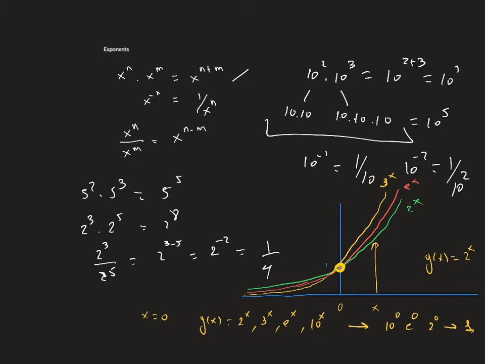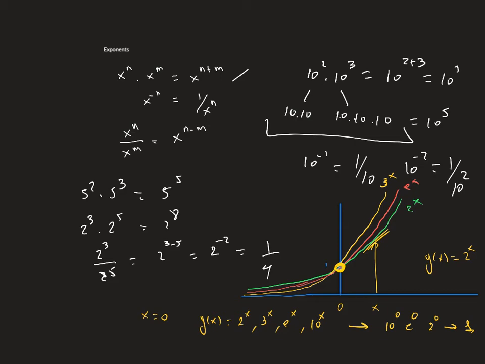And the slope is changing. The slope of 2 to the x is a little bit lower, a little bit less. We will see the meaning of a slope, the inclination of the slope of 2 to the x.